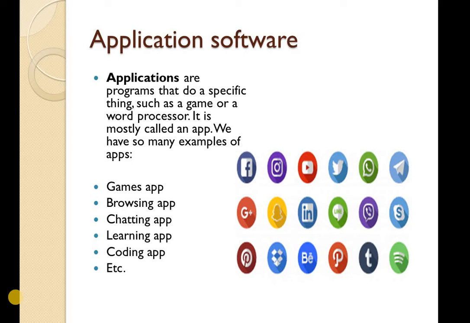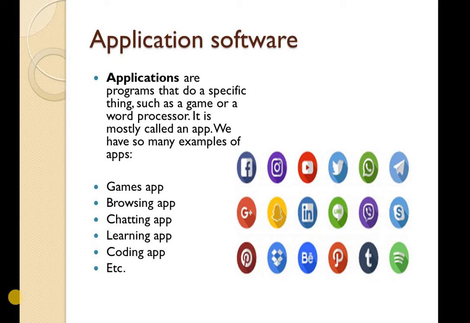An app can do a specific thing. An app for chatting, like WhatsApp, cannot be used to browse. The only work it does is to chat and talk with friends. An app used for browsing cannot be used for playing games, because the only work it is meant to do is browsing.